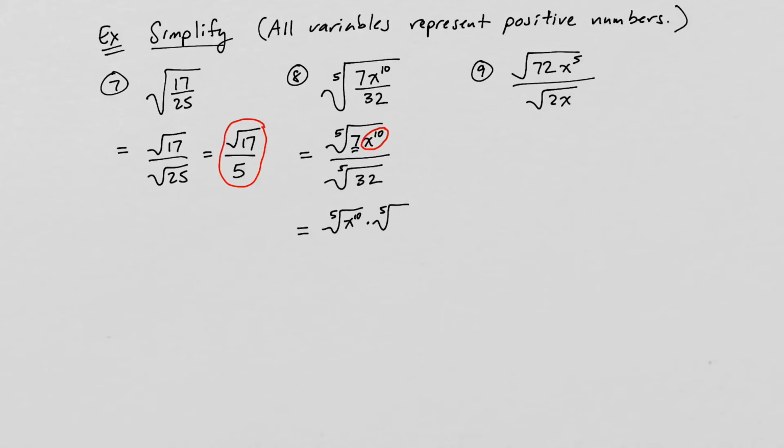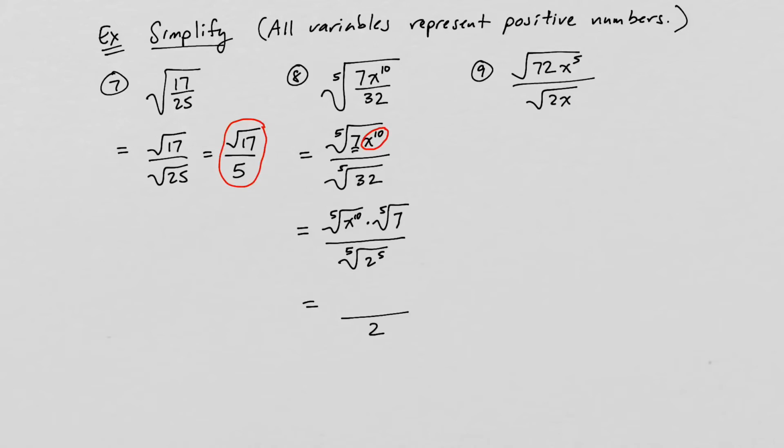And then 7 is not a perfect 5th power, so we'll just put that down as our leftovers. And then 32, it is true, in fact, that 2 to the 5th power is 32. So you can think of the 5th root of 32 as the 5th root of 2 to the 5th. Or you can just say the 5th root of 32 is 2. Either way, the denominator becomes 2.